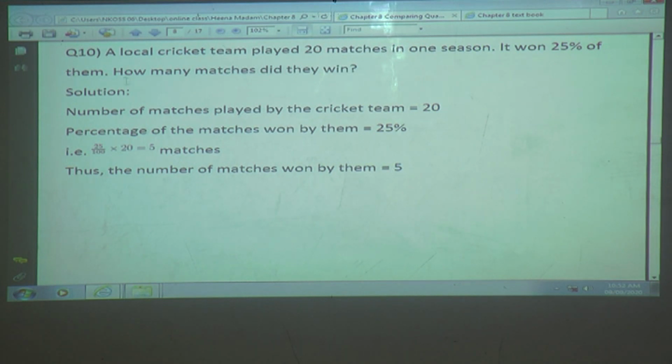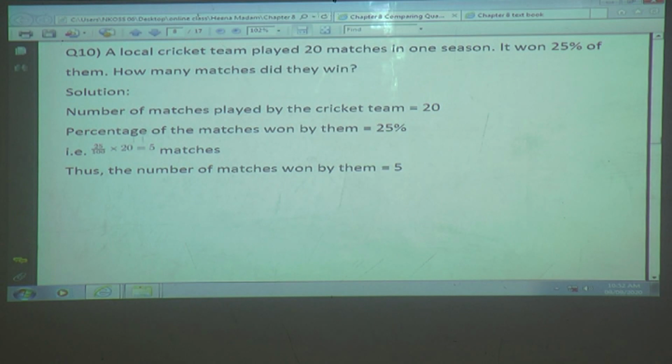How many matches did they win? 20 matches were played in one season. So the number of matches played by the cricket team is equal to 20. Already it is given in the question.